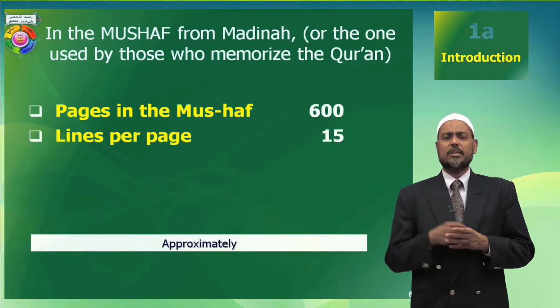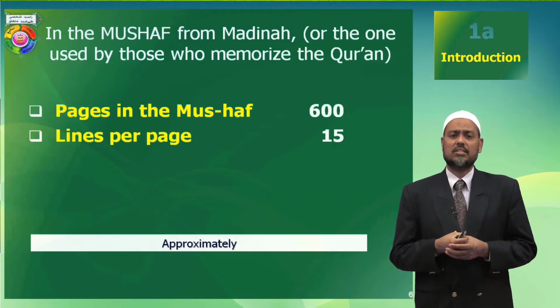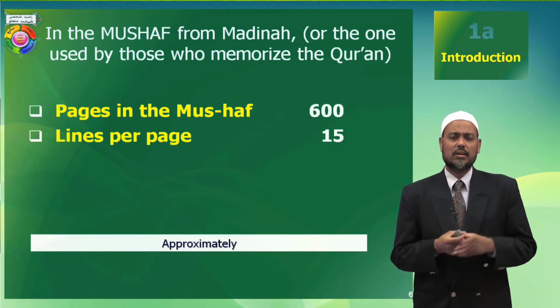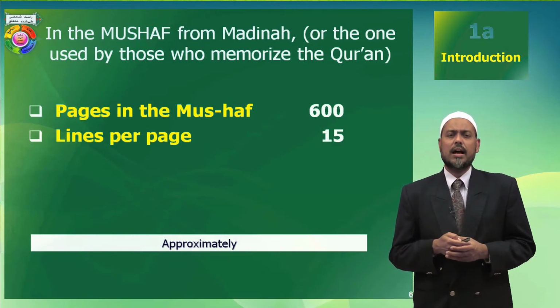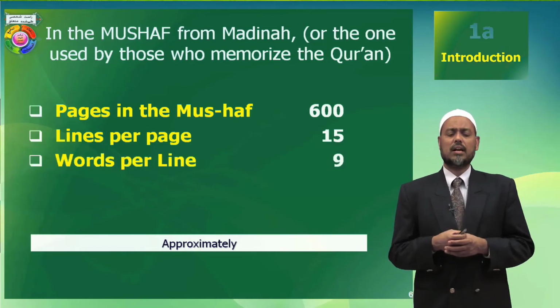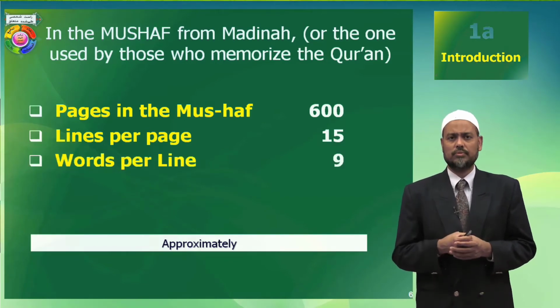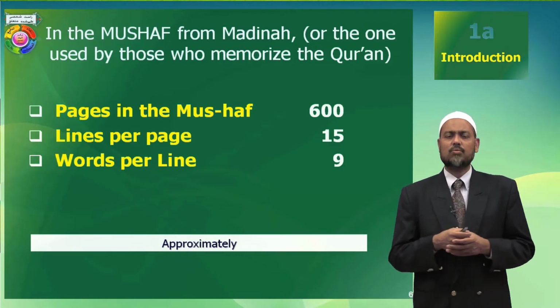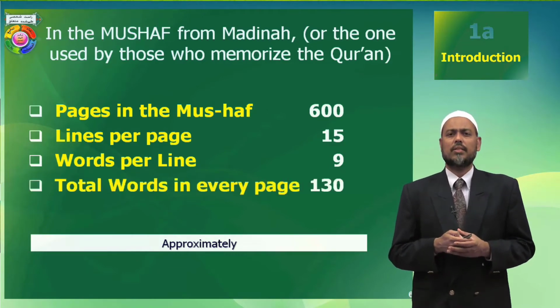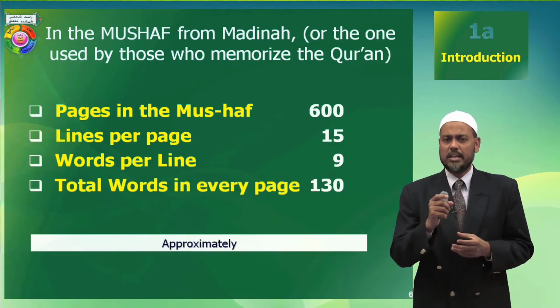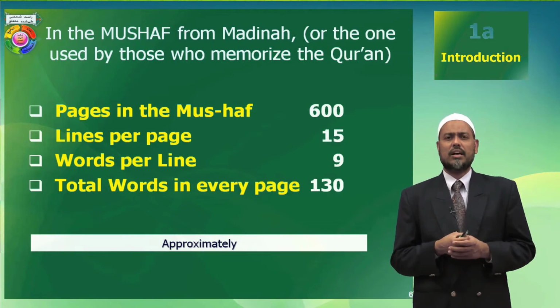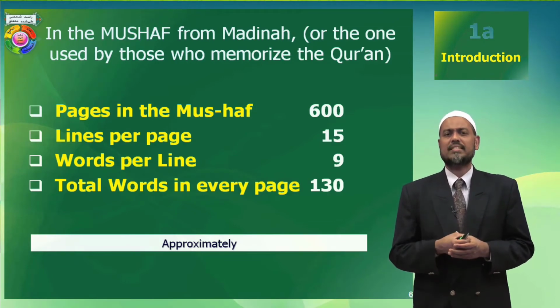On each page there are 15 lines, and in each line there are approximately 9 words. Therefore, on each page there are 15 times 9, 135 words, and we rounded it to 130 words per page.